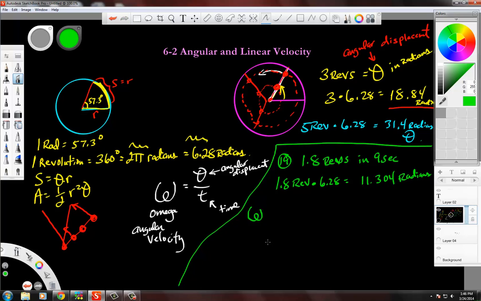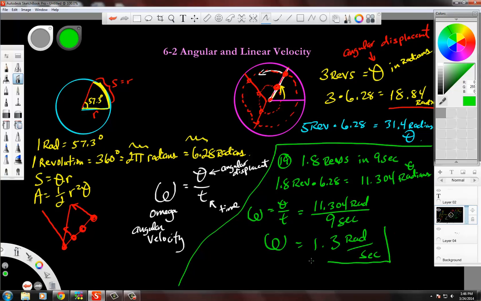It's like a W with a loop in it, equals theta over time. Well, this is my theta here. So I'm going to say 11.304 radians divided by the time period, which is 9 seconds. Just keep it on your calculator. Divided by 9 is, and now you can round it. So angular velocity is 1.3 radians per second. And that is the unit for angular velocity.